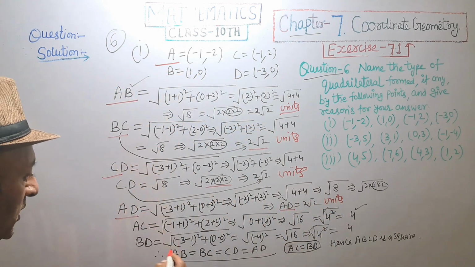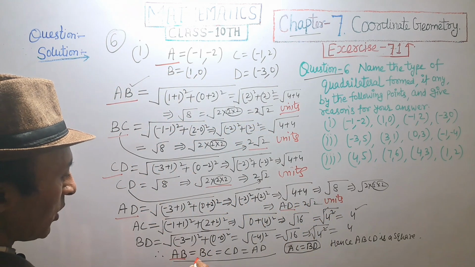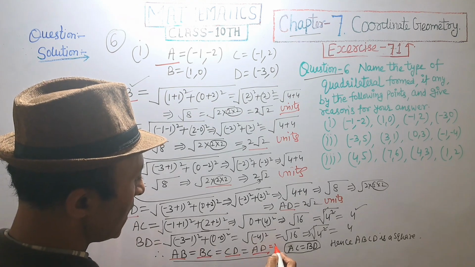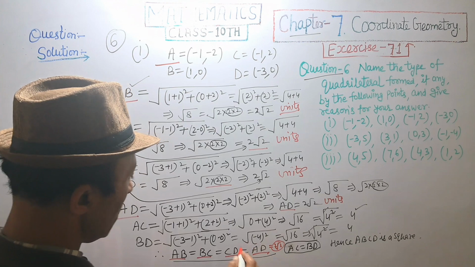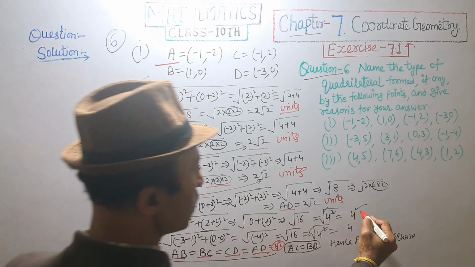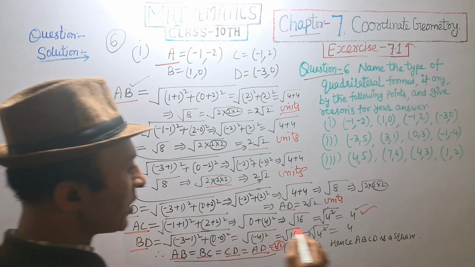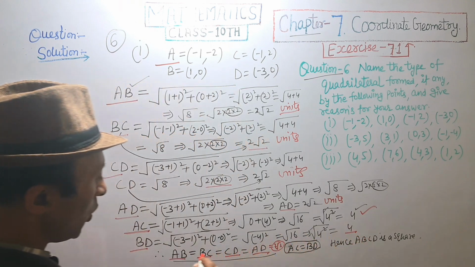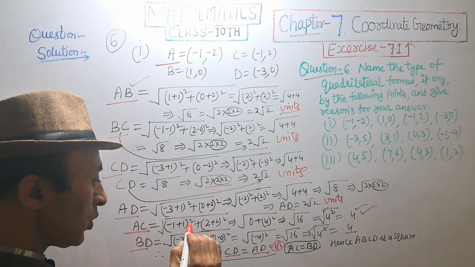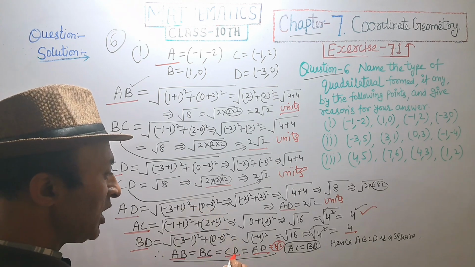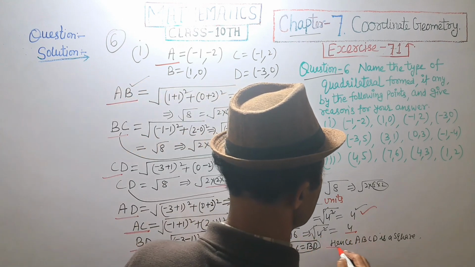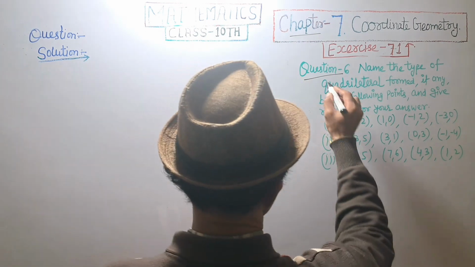AB is equal to BC is equal to CD is equal to AD, that is 2 root 2, and by the distance formula AC is equal to 4 and BD is equal to 4. So we can say that if AB is equal to BC is equal to CD is equal to AD, then ABCD is a square.